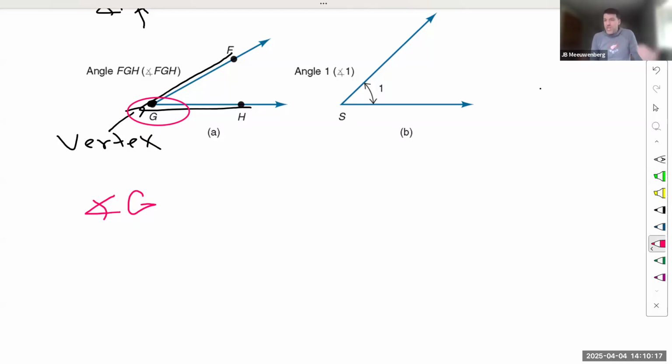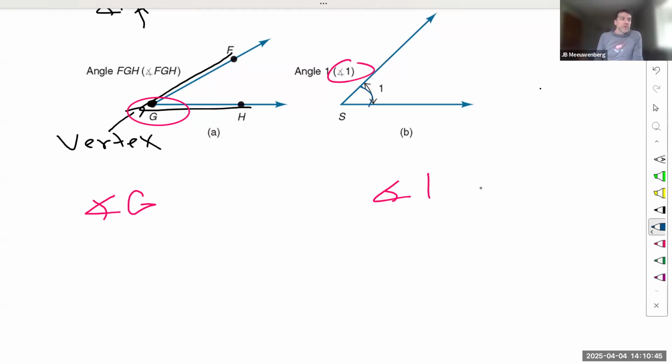Sometimes we might number. If we have a bunch of different angles in a figure that we're looking at, we might number them. And so that's what we would see right here. This is angle 1, so we can call it angle 1 with that notation. We also sometimes want to indicate the measurement of the angle. We're going to learn about that later, like how big is this angle?